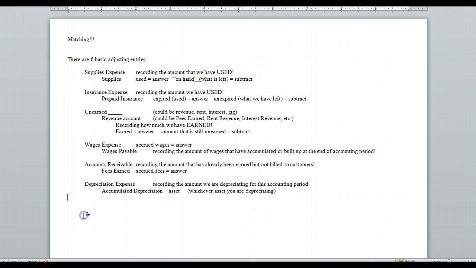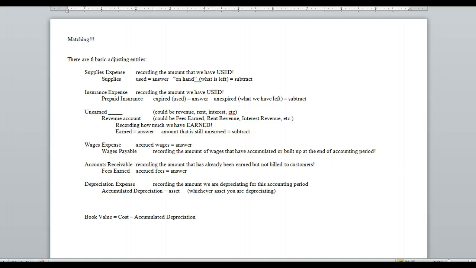We will calculate what is called book value. Book value is equal to cost minus accumulated depreciation. So I've got the cost of my tractor minus accumulated depreciation on my tractor. Well, every year when I make my adjusting entry, I will credit accumulated depreciation.